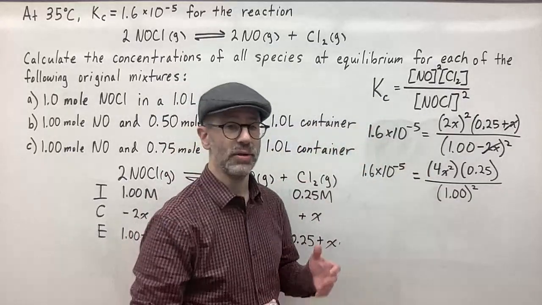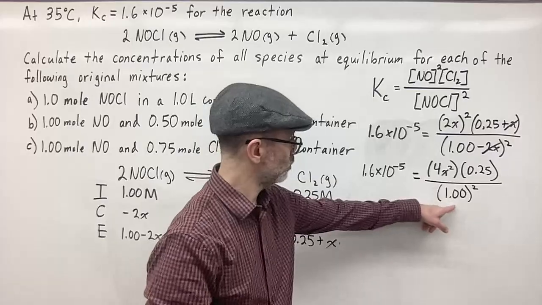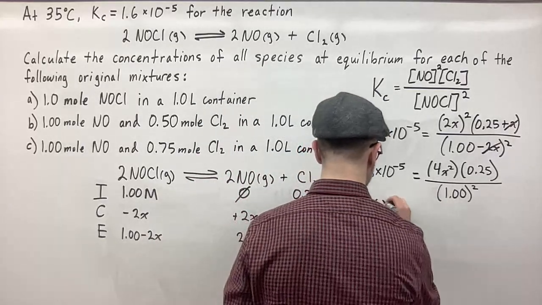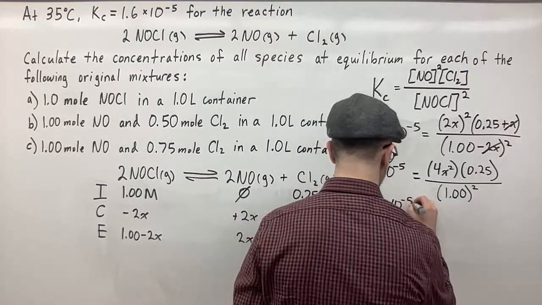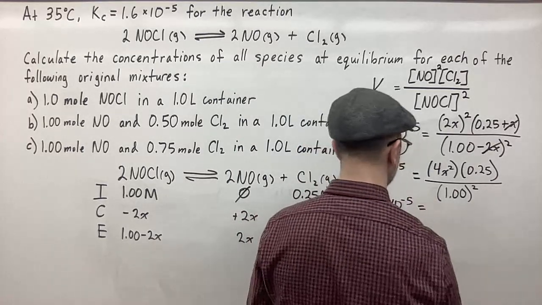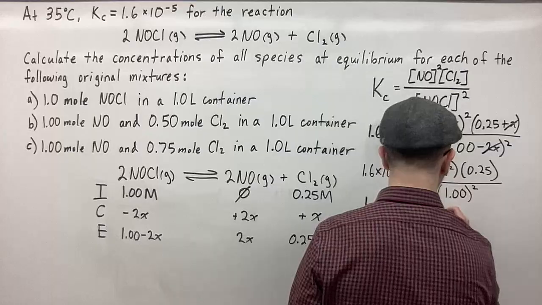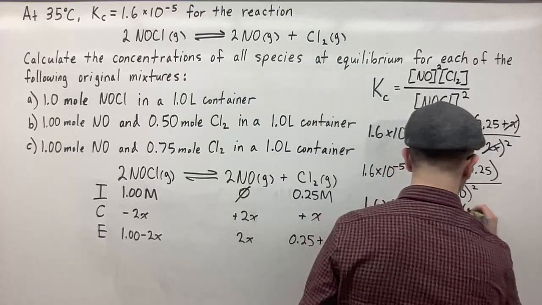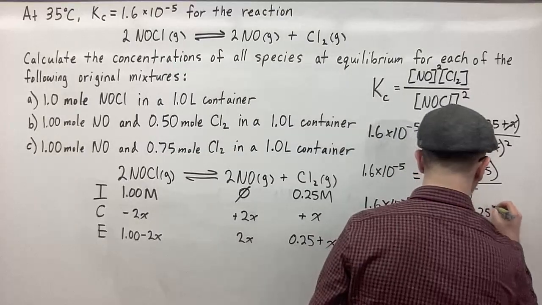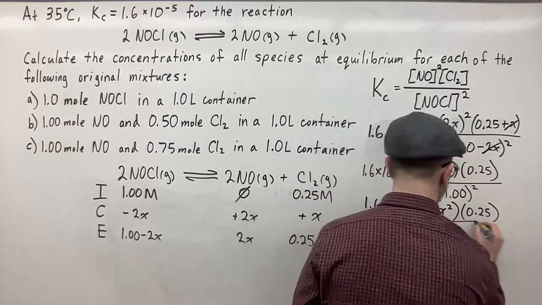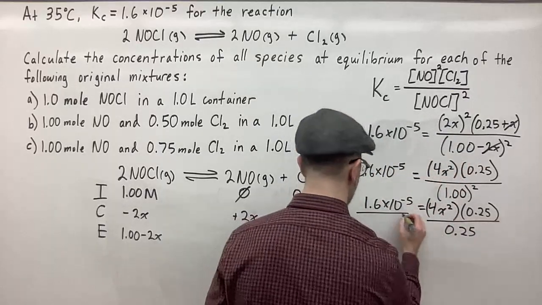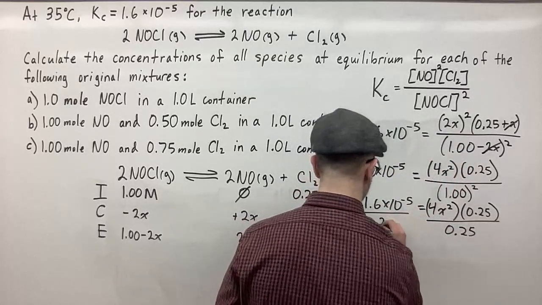Okay, so now we can simplify more. That's 1, right? So then we got 1.6 times 10 to the negative 5 equal to 4x squared times 0.25. We can then divide by 0.25 on both sides.